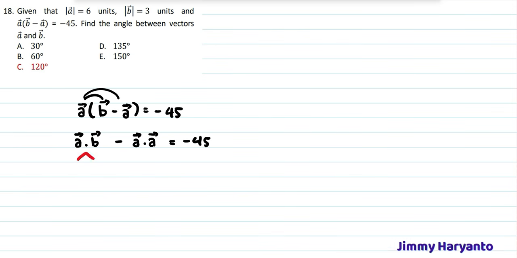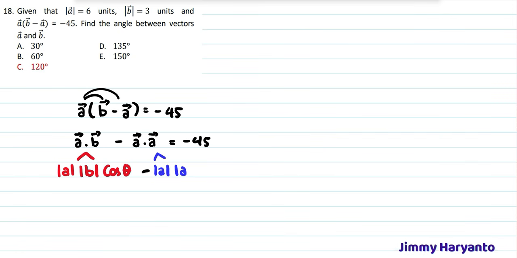And then the formula for this one is the magnitude of A times the magnitude of B times cos theta. And then minus it with the formula of this one, the magnitude of A times the magnitude of A times cos 0. Why is it cos 0? Because A and A is the same vector. If it is the same vector, that means the angle is 0.